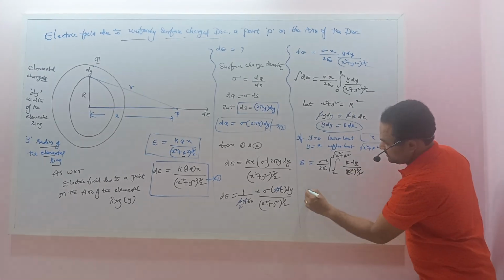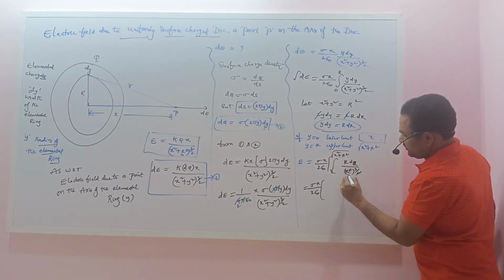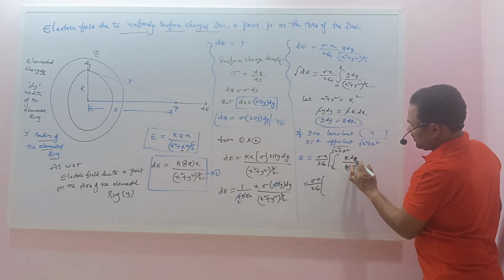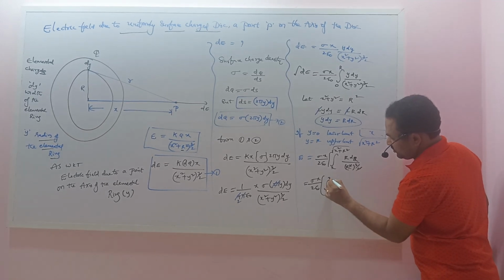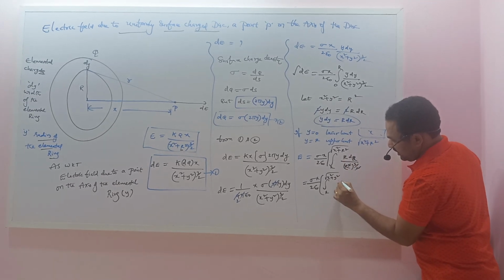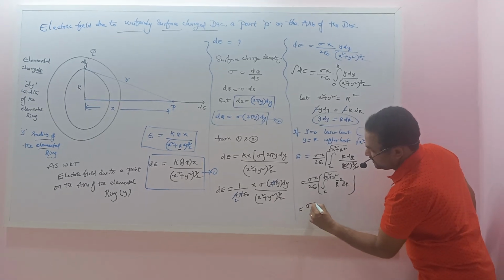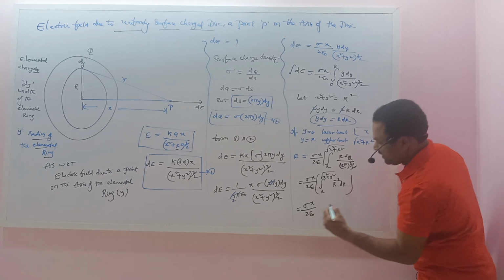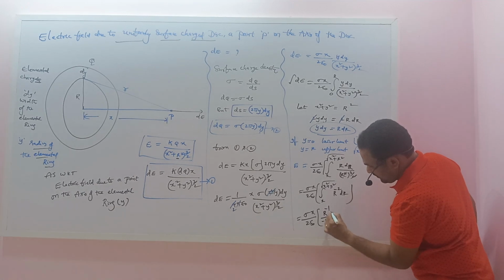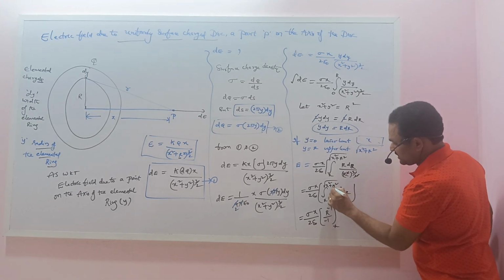So now sigma x by 2 epsilon naught times the integral of dr by r cube, times r, which is r power minus 2 dr. So this is sigma x by 2 epsilon naught times r power minus 1 by minus 1, with limits from x to root over x square plus R square.